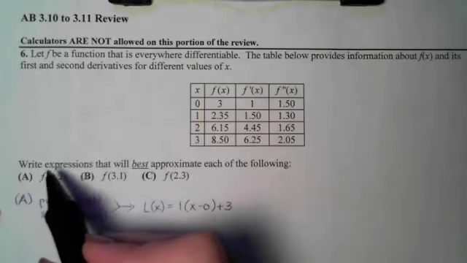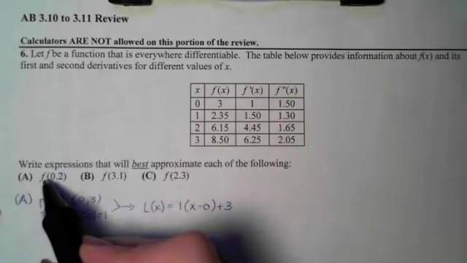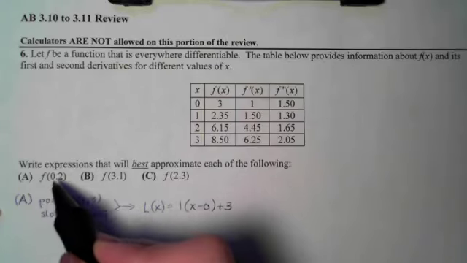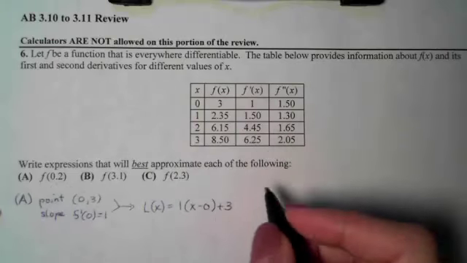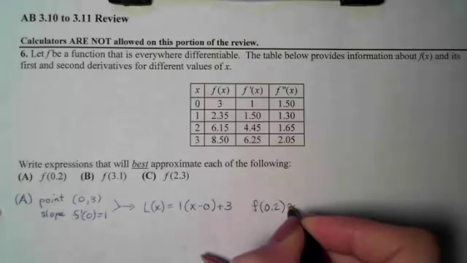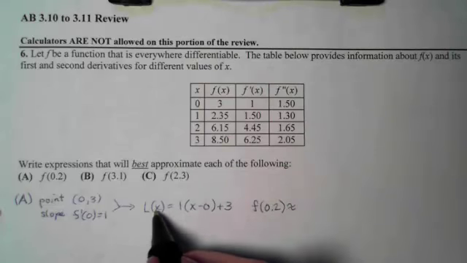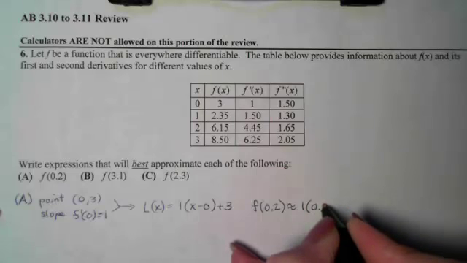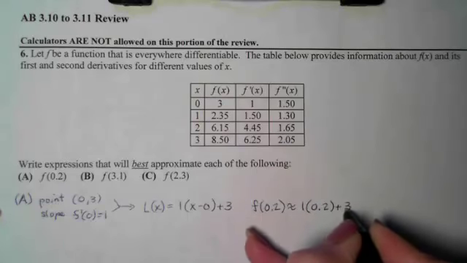Now our goal is to approximate the function output, so we're going to say that the output of the line is really close to the output of the function. So that means the function at 0.2 can be approximated by the output of the line when I plug 0.2 in. So I'd have a 1 times a 0.2 plus a 3.